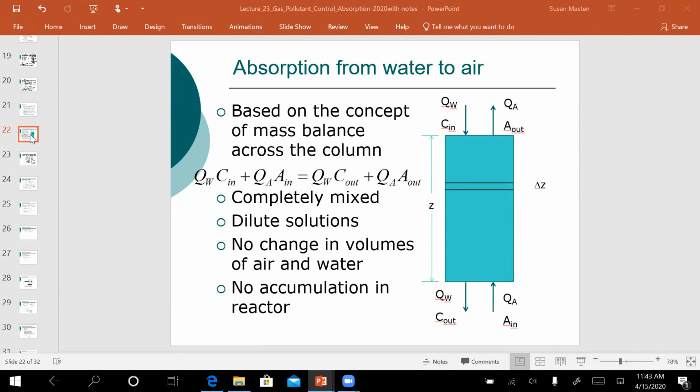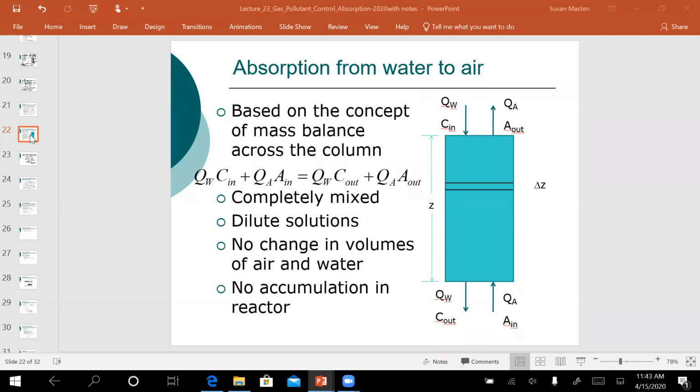So a classic example is groundwater contamination. For instance, you have groundwater contaminated with dry cleaning solvents, and you wish to remove those contaminants from the water to the air, and then do some sort of treatment from the air.